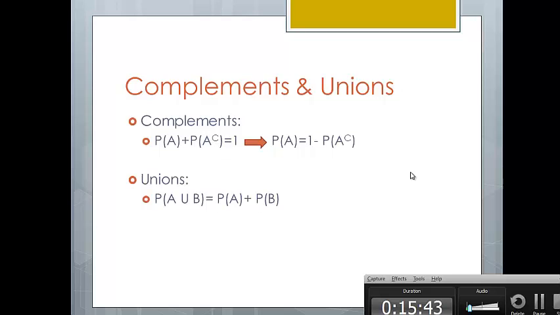If the probability of A is, say, 80%, then the probability of event A's complement must be that remaining 20%, because that's everything that is not in event A. Now, with unions, the probability of the union of A and B is going to be equal to the probability of A plus that probability of B, because that overlap is inherently included in there. So the probability of the union would be those who like vanilla and chocolate and both. So that does include that overlap.